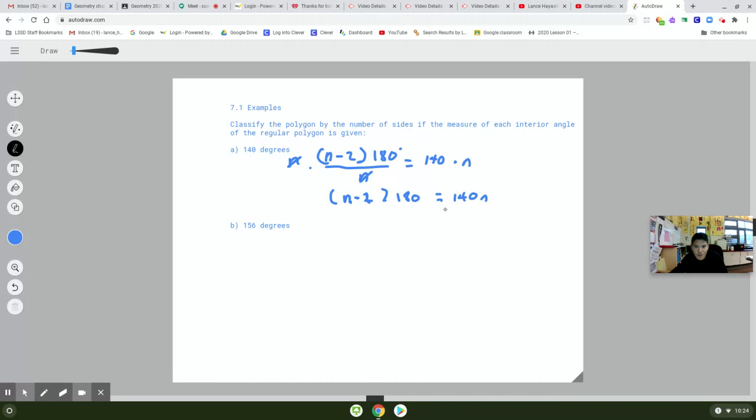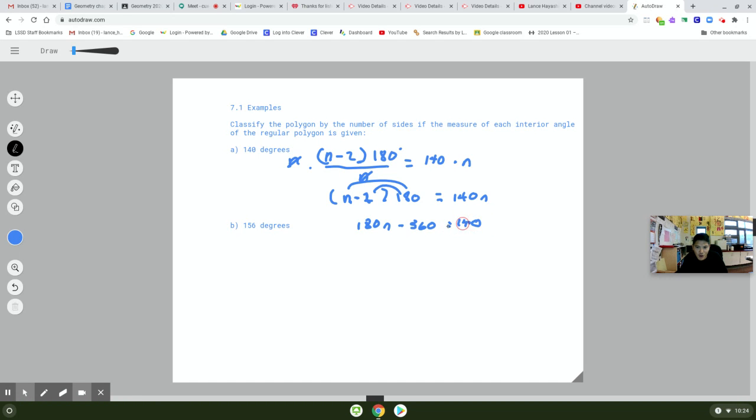So then to solve this for n, the number of sides, here's what I'm going to do next. Instead of dividing each side by 180, since 180 doesn't go evenly into 140, I'm going to distribute 180. So we have 180n minus 360 is equal to 140n.